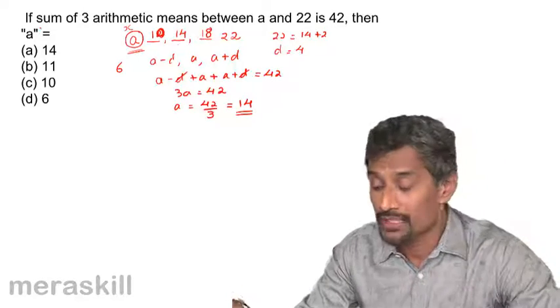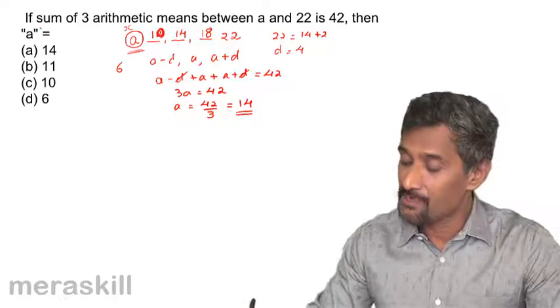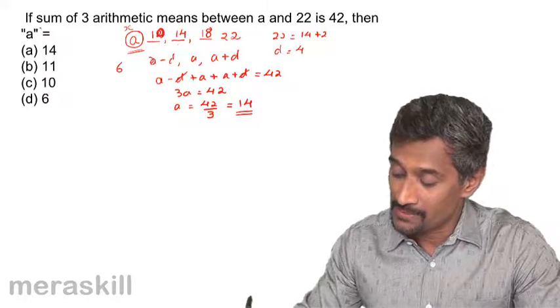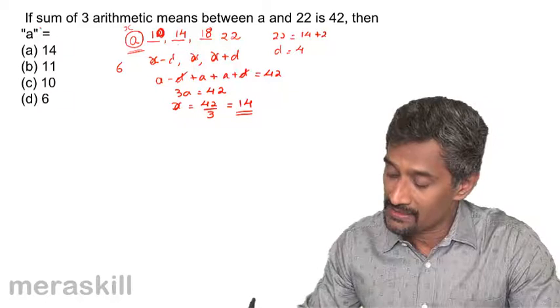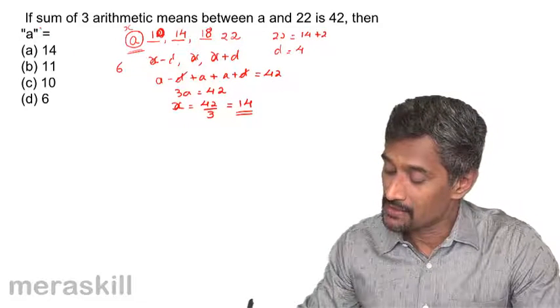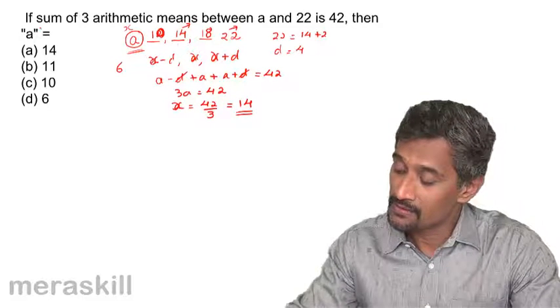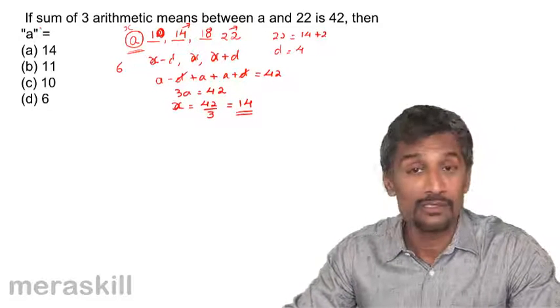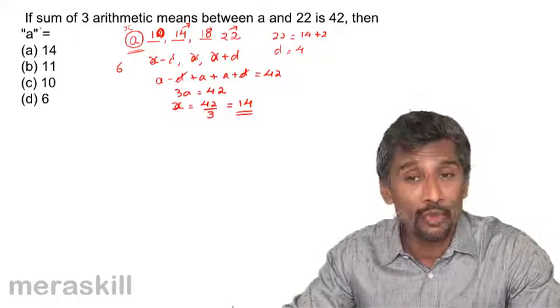Now I would like to reiterate, although they have taken it as X, we could take it as X minus D, X and X plus D. In that case, X turns out to be 14. If X is 14 and this is 22, this is going to be D more, and this is going to be 2D more.